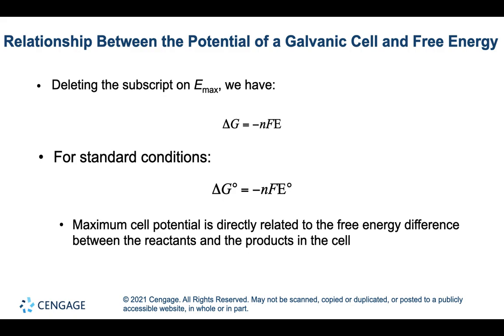So your maximum cell potential, E naught, is directly related to the free energy. A positive E means a negative delta G, meaning you have a spontaneous redox reaction that can be made into a battery that can do work, because you're harnessing the thermodynamic favorability of the reaction to get energy out of the process.